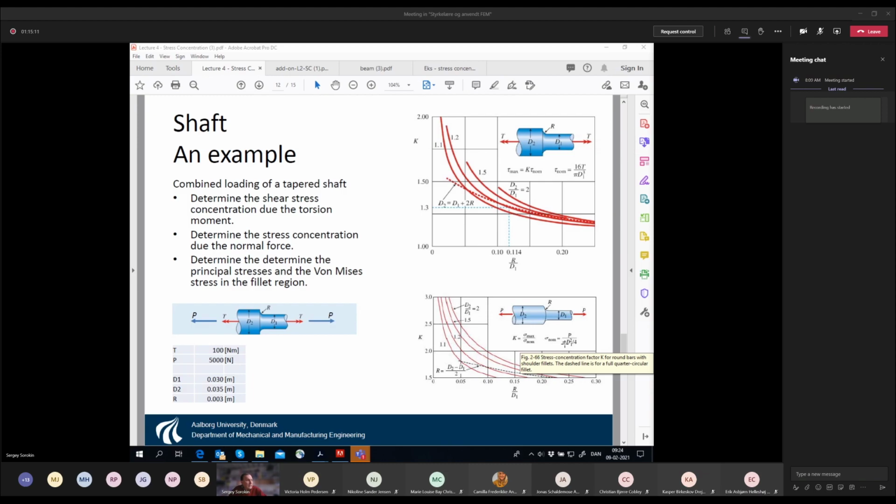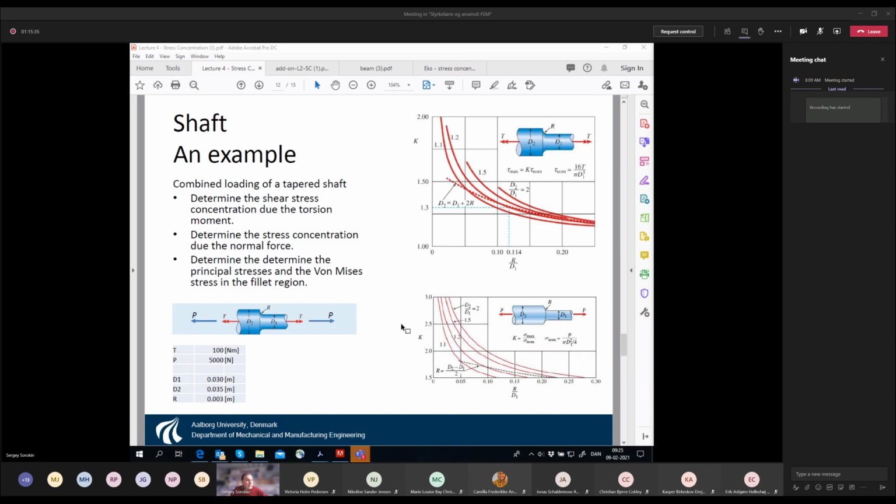Then we use this, and I think this slide has a typo. I think what the third bullet says is that you determine the principal stresses and then a von Mises equivalent stress in this transition region.